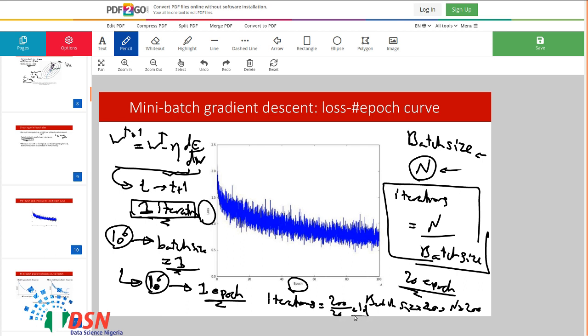It means that there are 10 iterations in each epoch, so we have 200 iterations when we are at the point of 20 epochs.